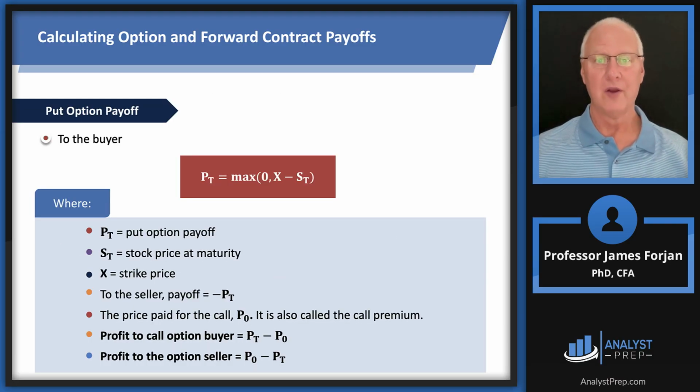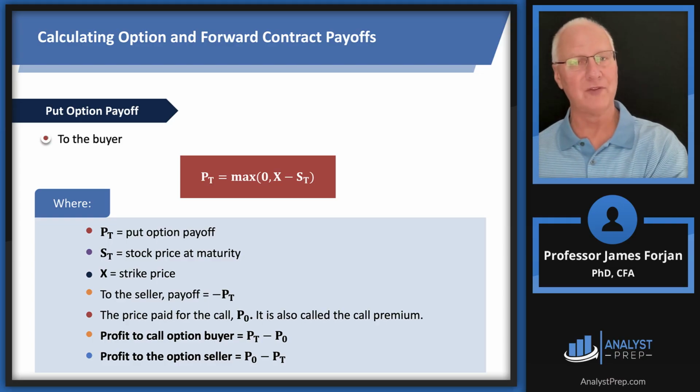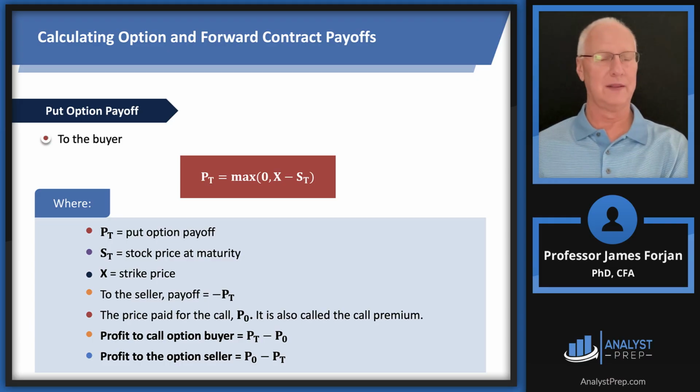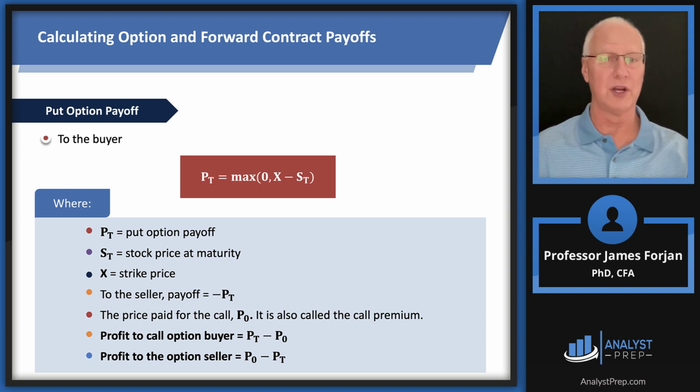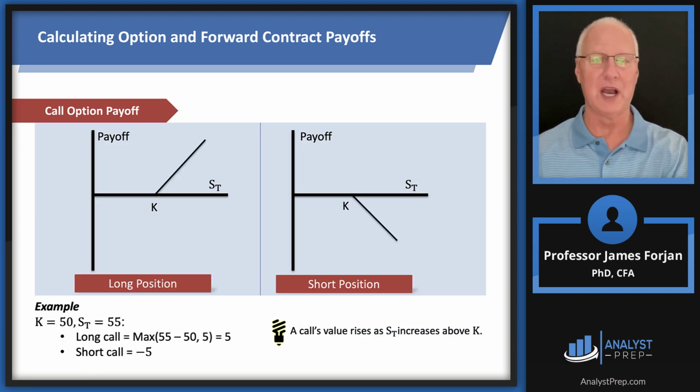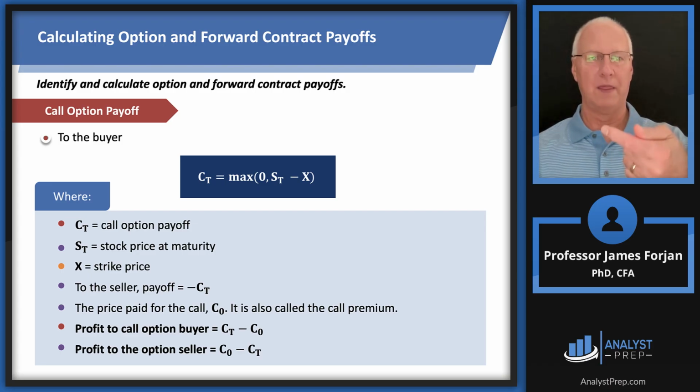Here we have just the opposite. If we're buying a put option, we're betting that the underlying asset, in this case, the underlying share of stock, falls in value. Right? So that's why if you think the stock is overvalued, you're going to buy a put option. So it should be obvious that it's just going to be the opposite of the call option payoff.